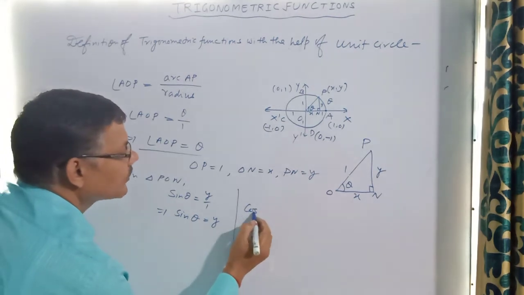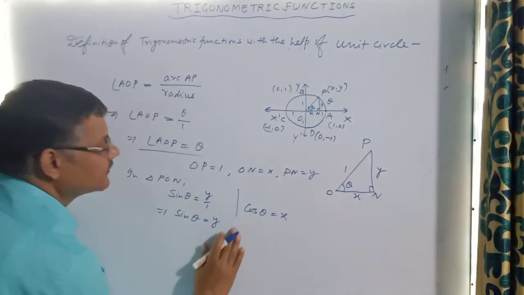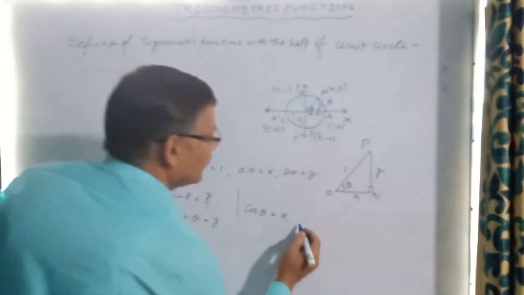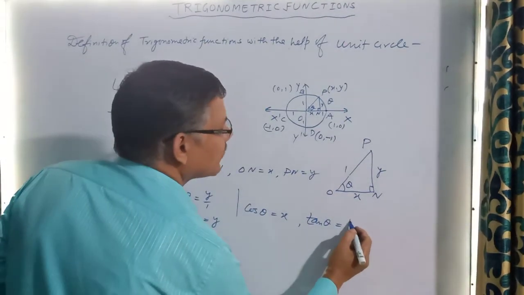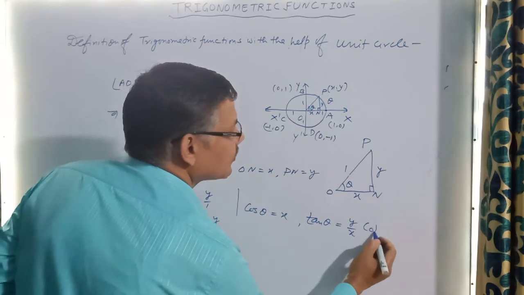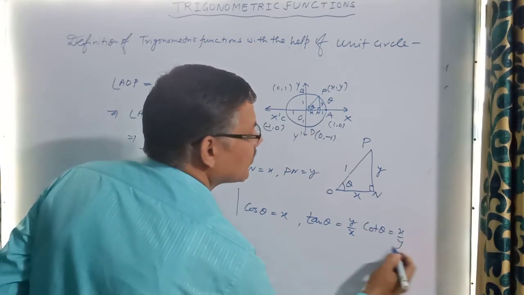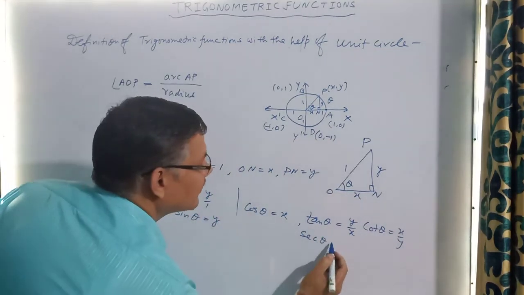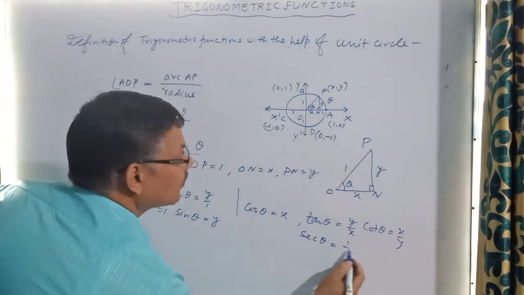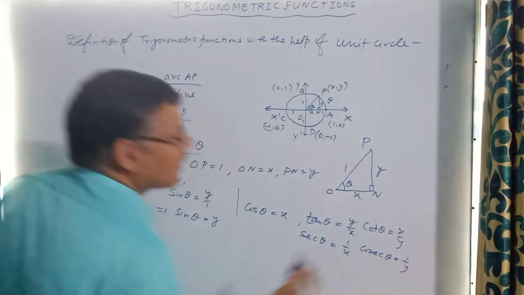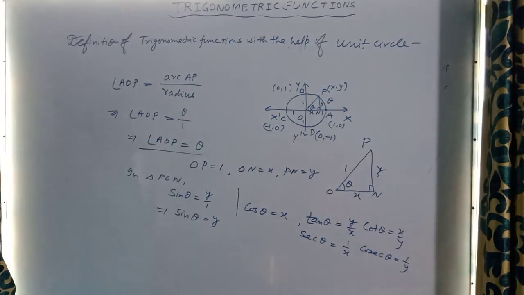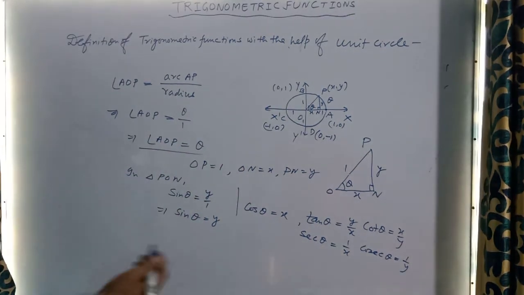Similarly, we get cos theta equal to x. Now, tan theta is equal to y by x, cot theta equal to x by y, sec theta is equal to 1 by x, and cosec theta is equal to 1 by y. By using the definition of trigonometric ratios, easily we get this.